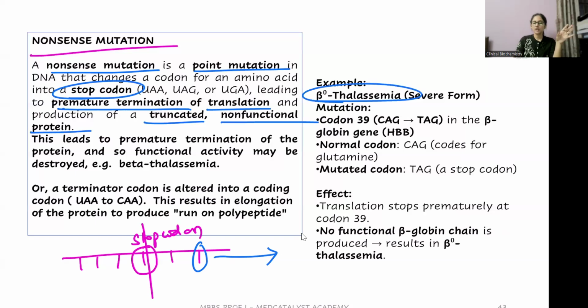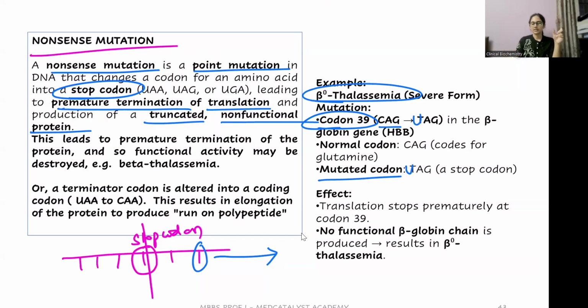Here there is codon 39, wherein CAG is getting converted to a stop codon, right? So this mutates to a mutated codon, UAG. Sometimes U and T, they will write interchangeably, thinking of DNA.